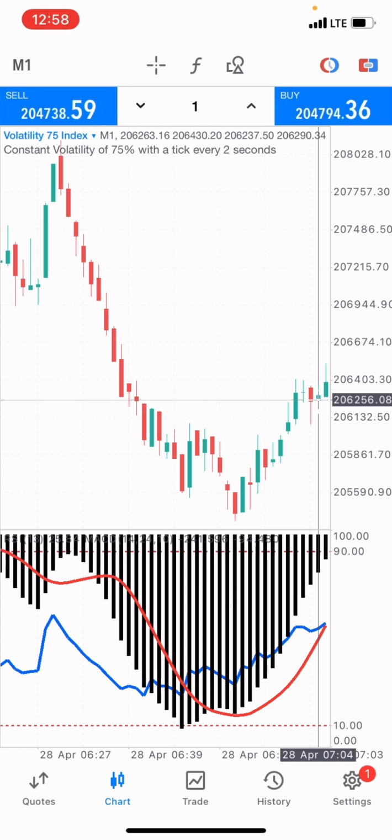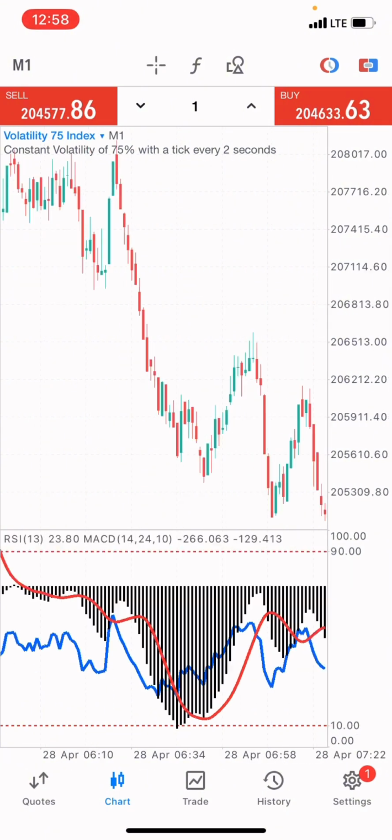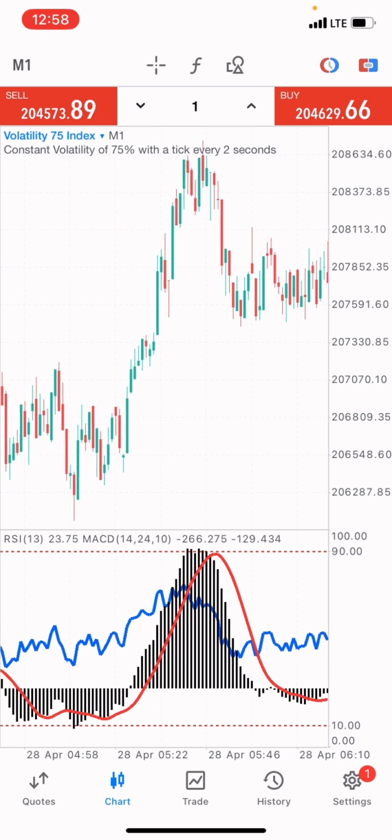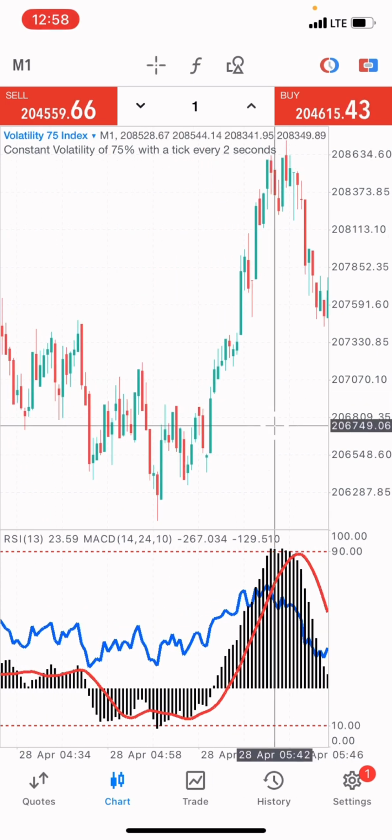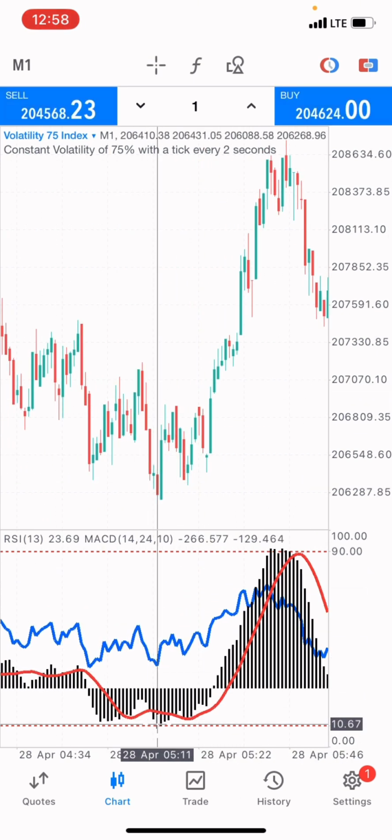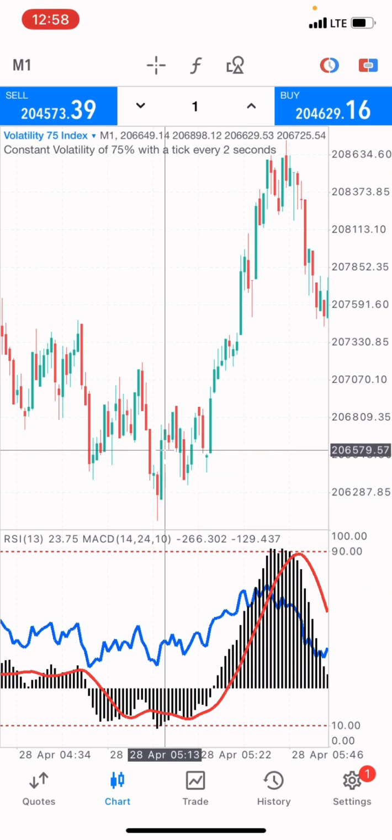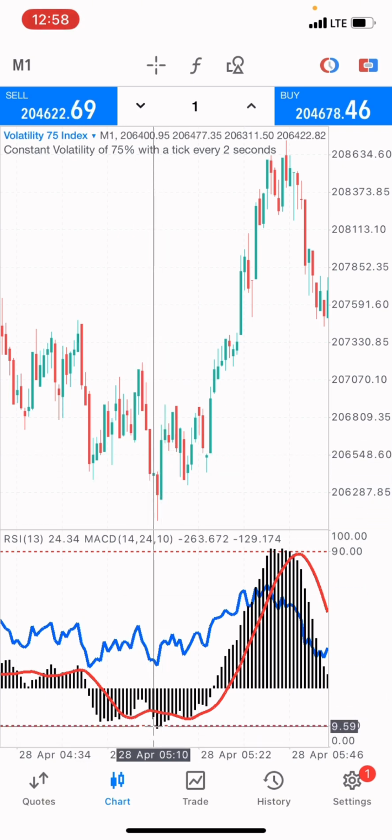This is volatility 75. All right, for you to always win in this market, you need to have a good amount of capital for you to make it big on the volatility 75 index. So I hope you understand what I've shared with you guys. Now that is the first step, right? Take a look at it again. At the level of 10, the market continues to buy. Here at the oversold, take a look.